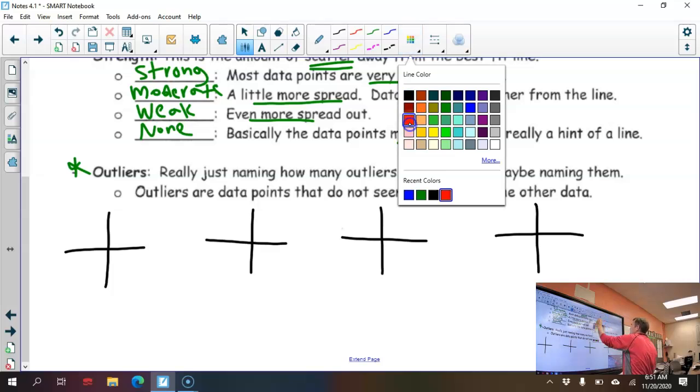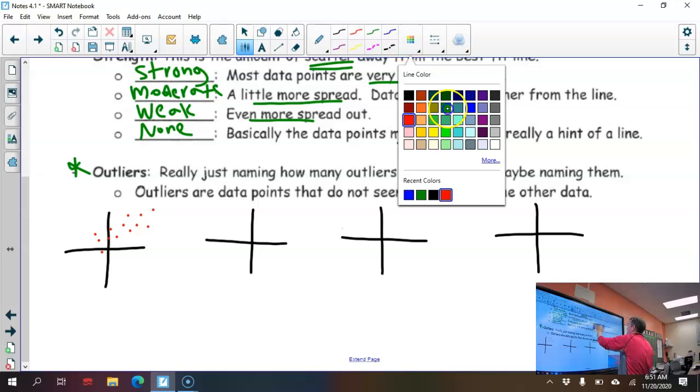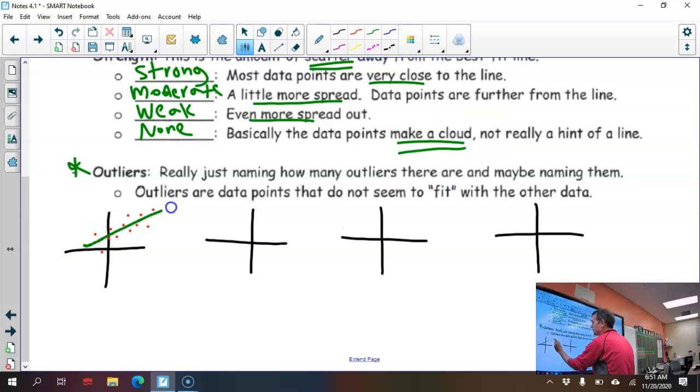So maybe the first one looks something like this. And if I were to draw a best fit line through that, a best fit line might look something like this.